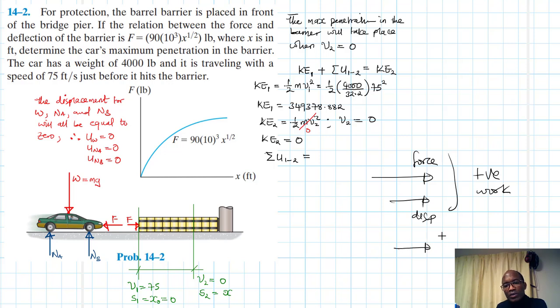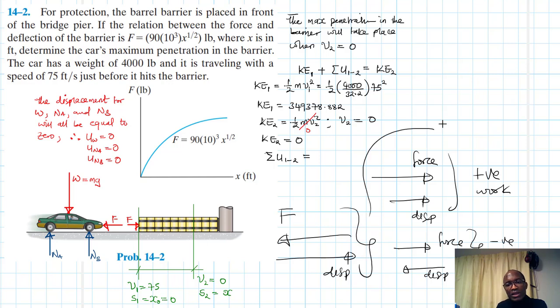When the force and the displacement are in the opposite direction, we have negative work. So what is the direction of our work here on this particular car? Of course, it is going to be negative because the force F is in this direction and the displacement is in this direction, right? So this is going to give us negative work.